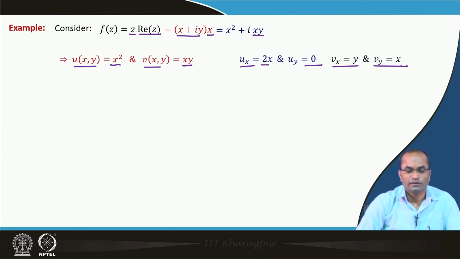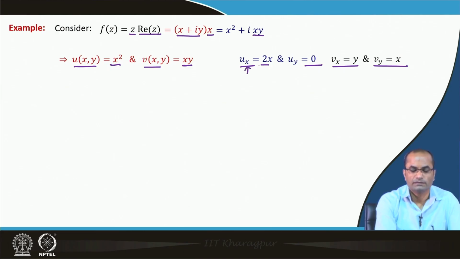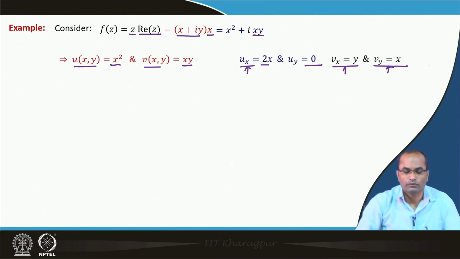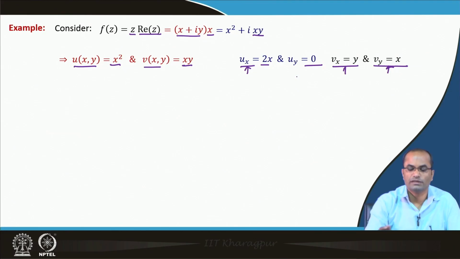Again, if we take a close look at the first of the CR equations, u_x is 2x, and here v_y is x. So, they are not equal at any point, but when we talk about, for instance, the origin, that means x equals 0, y equals 0, they are equal.